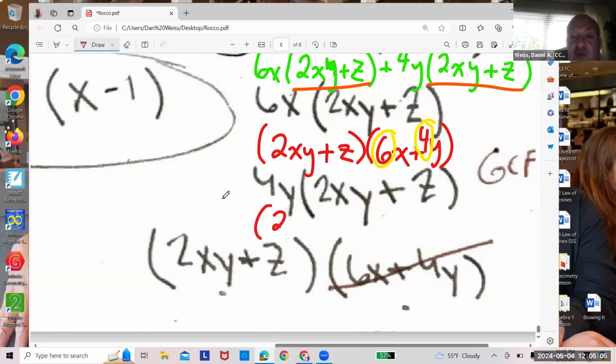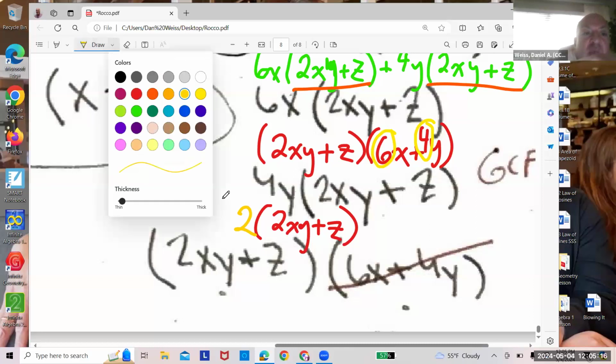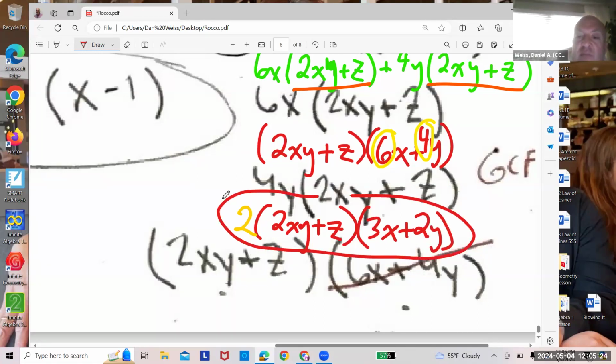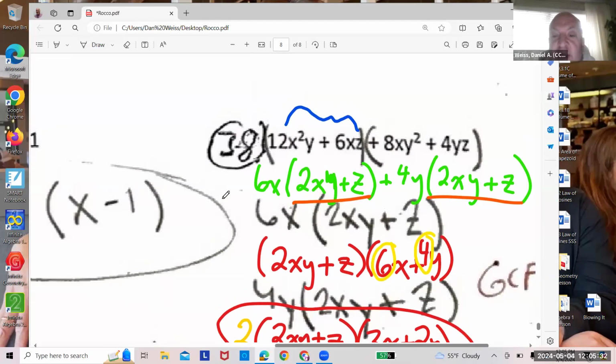This is 2xy plus z. I'm going to pull out this 2 over here. And you're going to be left with 3x plus 2y. Okay. That's your final answer. So you probably lost the point for that.